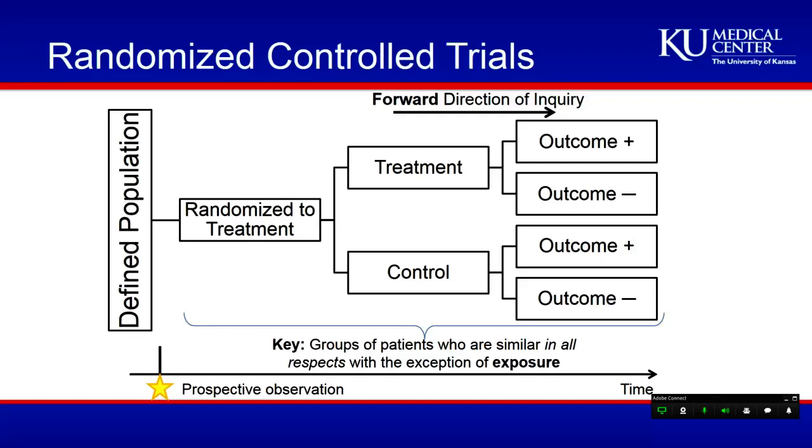Some are treated, some are controlled. So at the end of the study, if I see a difference, what do I attribute that difference to? Exposure. The only difference that should be here is the exposure.